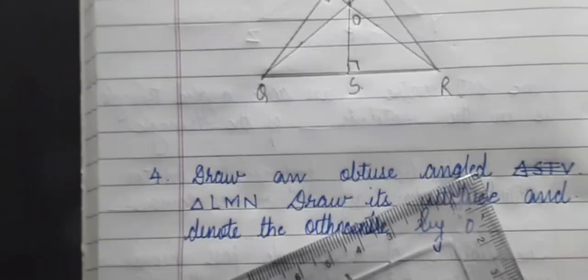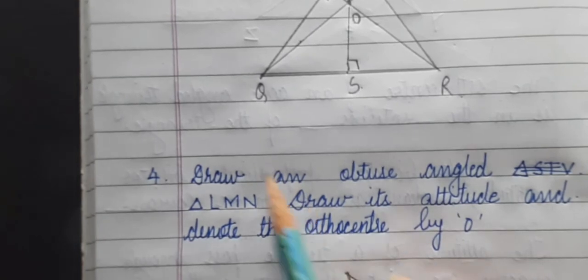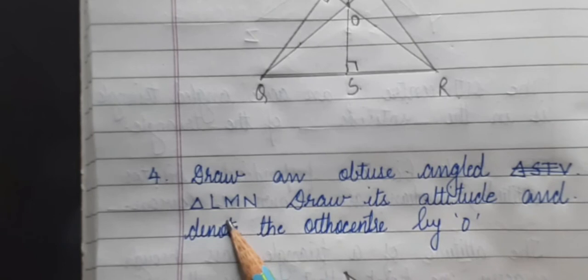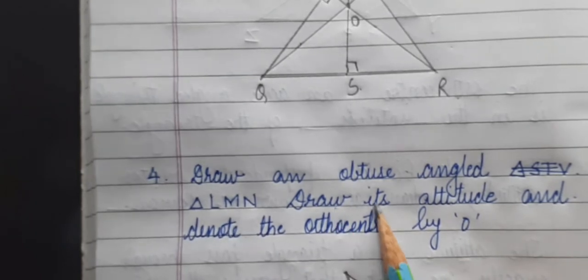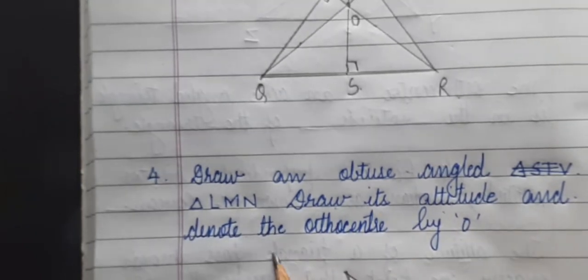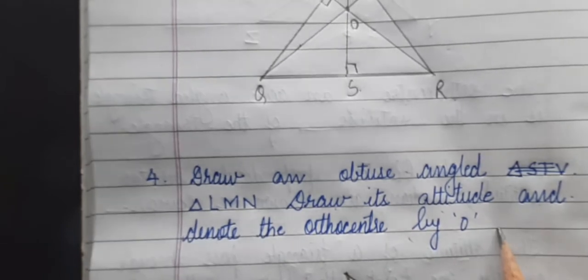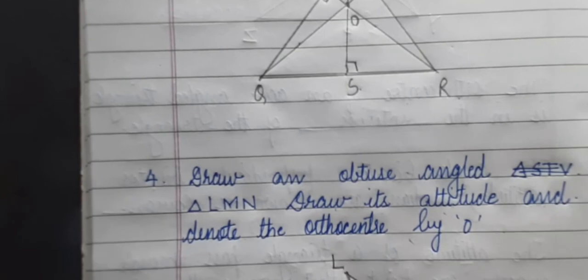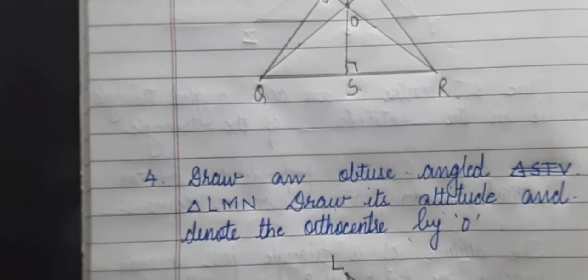Now the next one is: draw an obtuse angle triangle LMN. Draw its altitudes and denote the orthocenter by O, okay. So here I'll name this triangle as L, M and N. Fine.